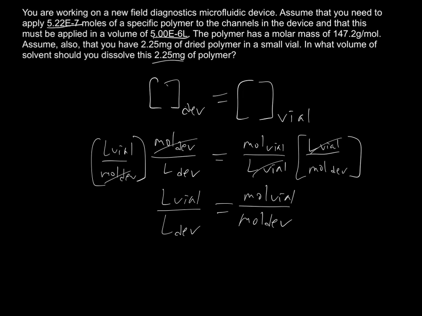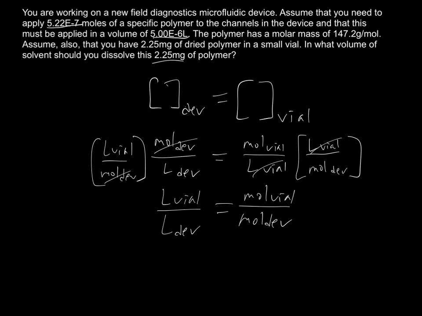This illustrates that as you upscale the moles of polymer in the device to the moles of polymer in the vial, that ratio is equivalent to the factor that you multiplied the liters of the solution in the device by to get the liters of solution in the vial.